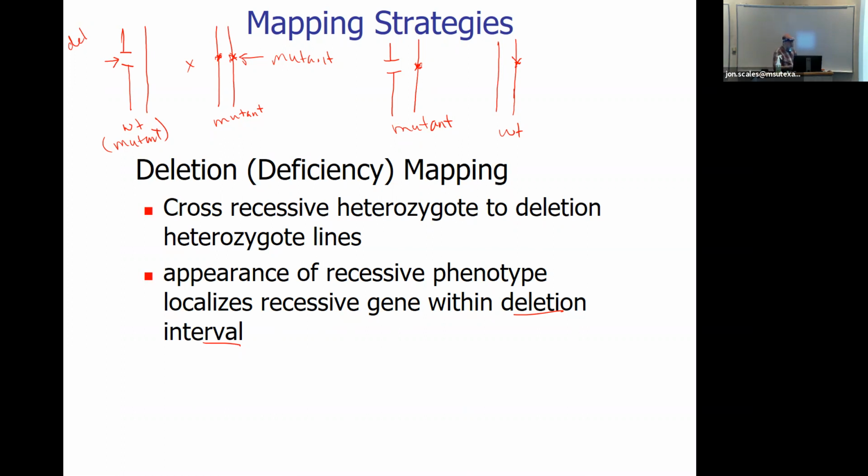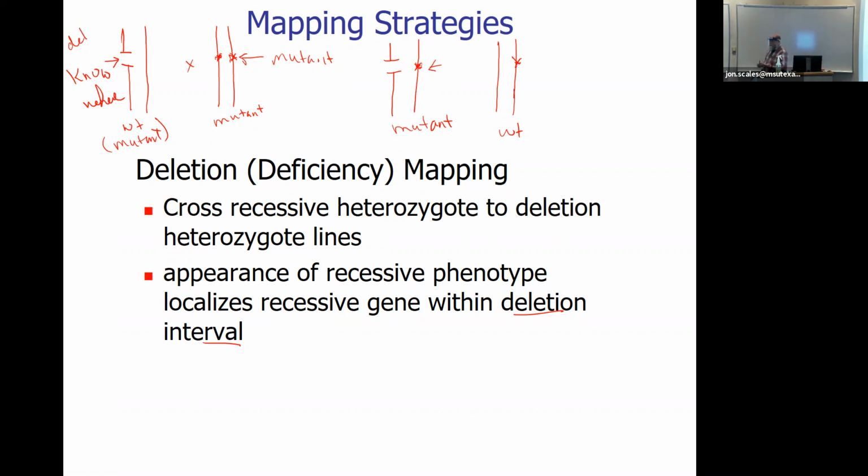So you get some mutants, and that says that complementation failed. So that means if you know where this is, you know where that is, and it fails to complement your mutation, now what do you know? Now you know where your mutation is, right? Your mutation must be in that same region, that same interval.